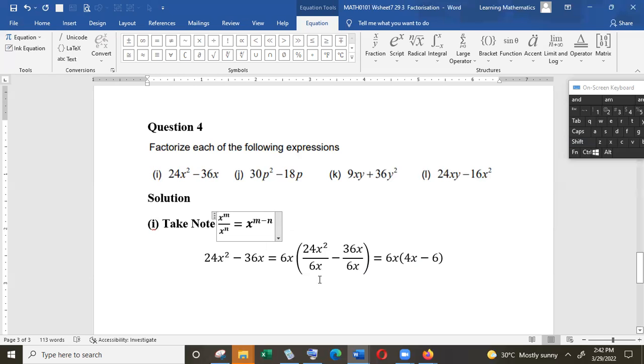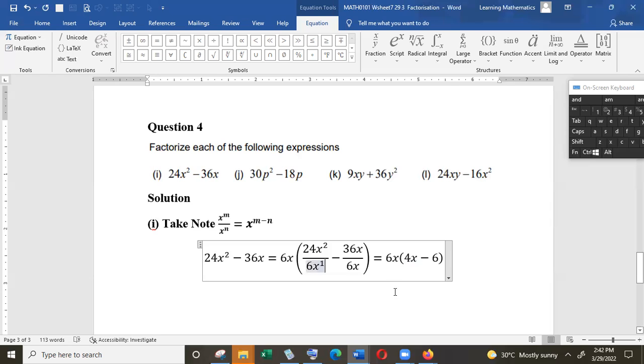So we subtract the powers, 2 minus 1. Remember that is x raised to the 1. That's why we end up with x there, because x squared divided by x to the 1 is 2 minus 1, x to the 1, so that's x. 1 minus 1 is 0, so the x cancels out, and we are left with 6.